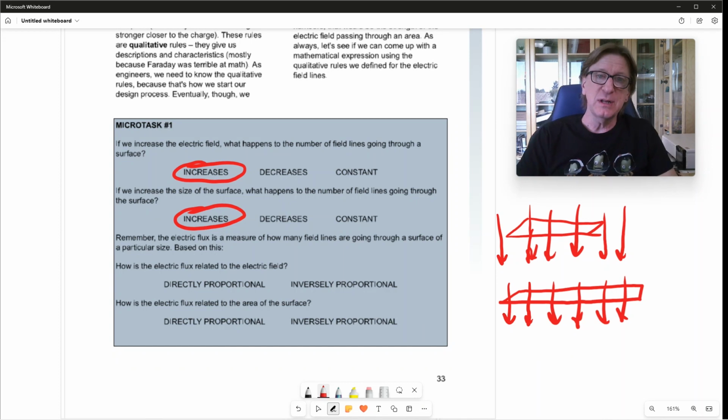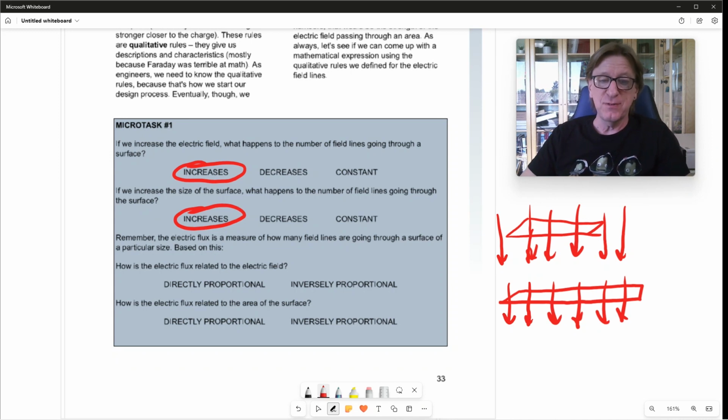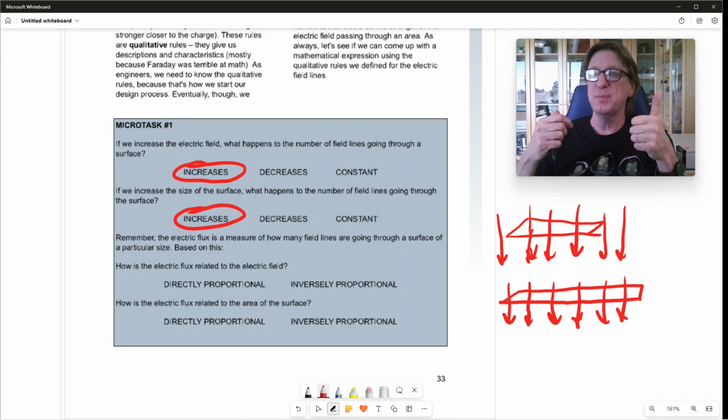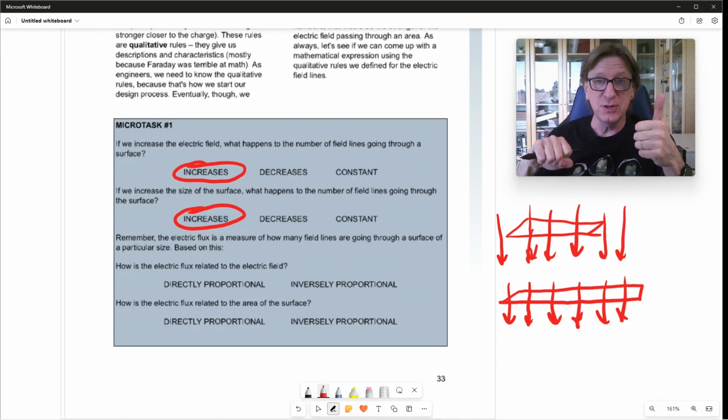So anytime we're trying to come up with an equation, some sort of mathematical relationship between the two, we always think, does it increase, decrease, or does it stay the same? So we've decided that both of these increase. So let's take that result and let's see if we can start working on a mathematical expression for this. So how is the electric flux related to the electric field? As the electric flux goes up, the number of field lines penetrating that surface is the electric flux. What happens to the electric field?